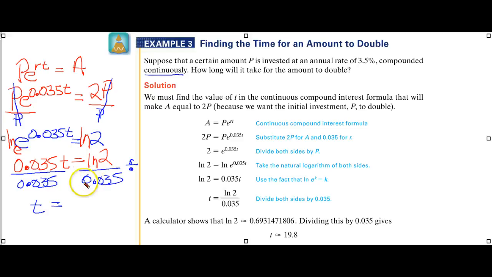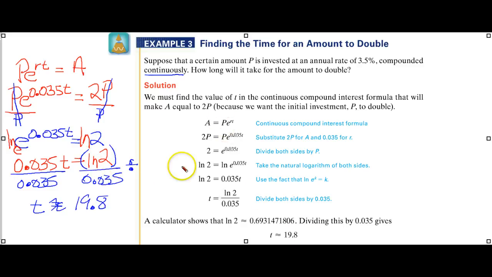It's not a natural log, just a regular decimal, 0.035, and give that a try. When you put that into your calculator, it's natural log 2. They'll have a parenthesis here. You have to close that parenthesis, then hit the division key, divide it by this, and you get approximately 19.8. When I put it in, I forgot to put this parenthesis here, and it gave me some wild answer.